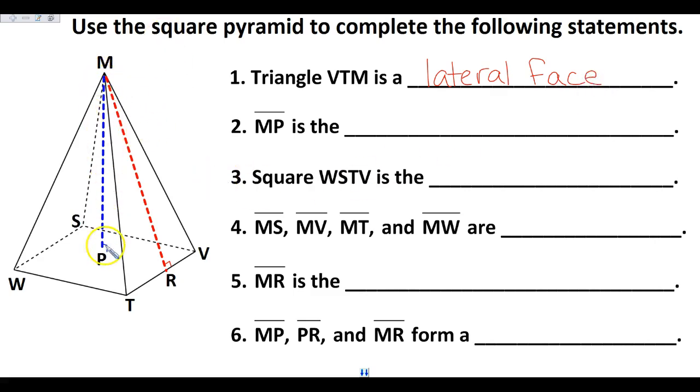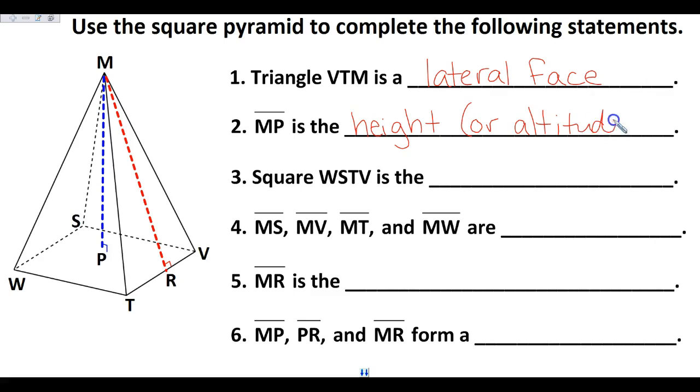Segment MP, which is the blue dotted segment right here, is the height of the pyramid or the altitude. You'll see both used interchangeably.